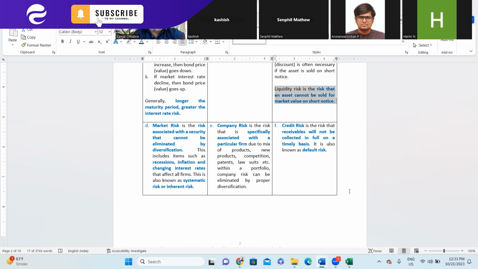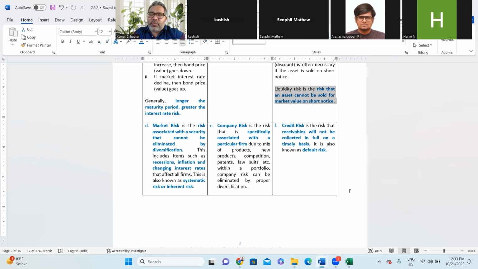That is specific to your organization. Same way your customer as well as your supplier, that may be a sole supplier or sole customer. That kind of risk would be specific to the organization, and it varies from organization to organization, industry to industry, and business to business. That is called company risk, which relates specifically to your organization.